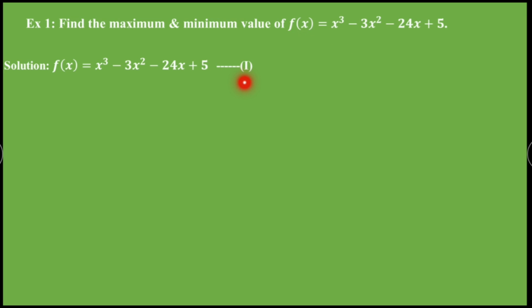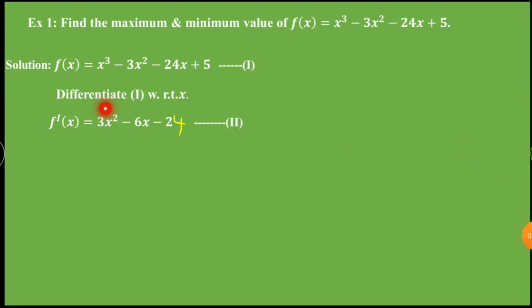Now we have to find the first derivative, so we differentiate the given function with respect to x. So right here, differentiate 1 with respect to x. Now we know that the derivative of x cube is 3x square, the derivative of 3x square is 6x, and the derivative of 24x is 24.